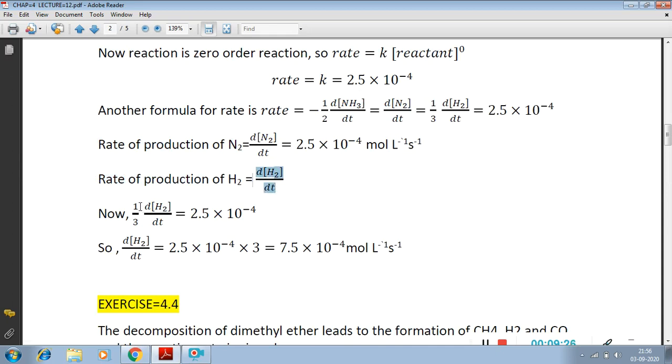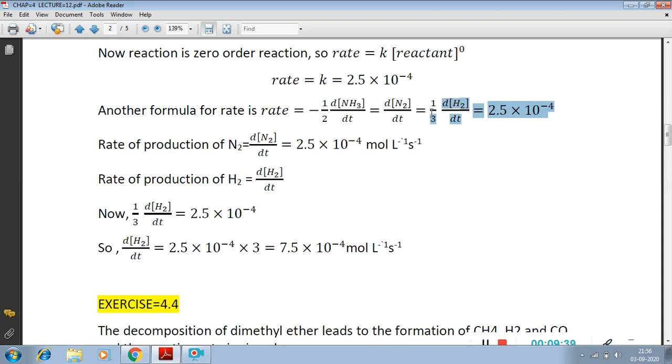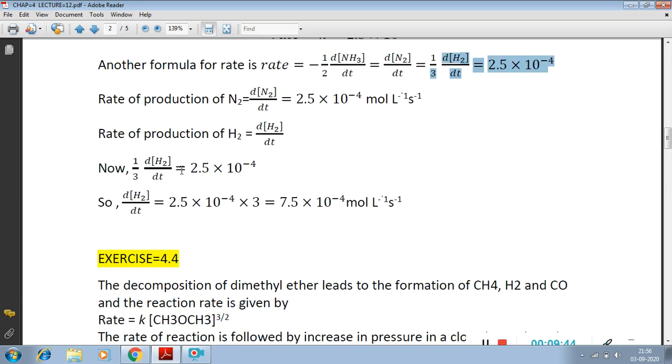Now here we have 1/3 into dH2 by dt is equal to 2.5 into 10 raised to minus 4. You can see here it is written here. So we can say that dH2 by dt is equal to 3 into 2.5 into 10 raised to minus 4. So that will give us 7.5 into 10 raised to minus 4 mole per liter per second. That is our rate of production of H2.